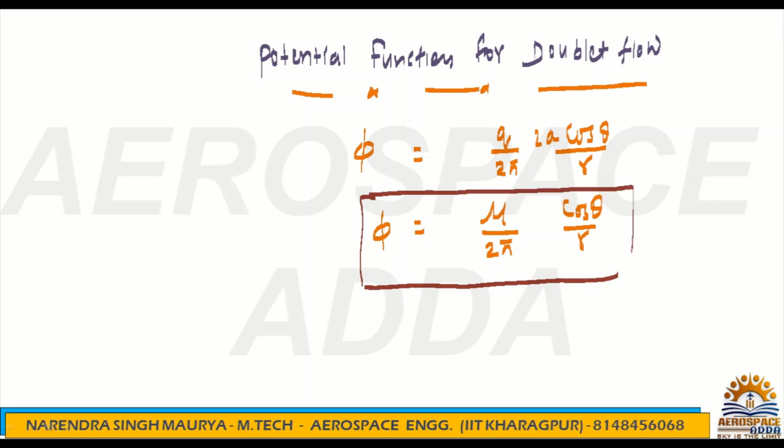What was the stream function? It was minus mu upon 2 pi sine theta by r. What is the potential function? Mu by 2 pi cos theta by r. Now, if you check, what is the equation of doublet flow in terms of potential function?